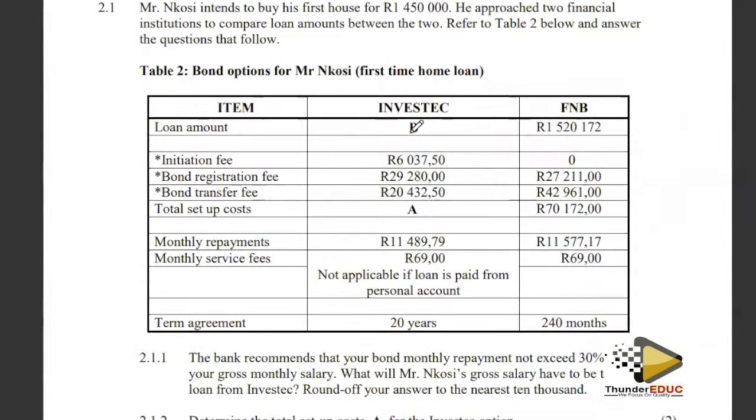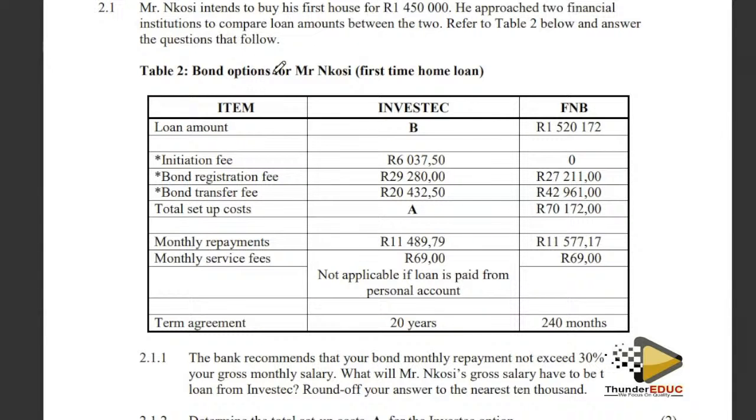Mr. Nkosi intends to buy his first house for 1,450,000. He approached two financial institutes to compare the loan amounts between the two. Refer to table 2 below and answer the questions that follow.